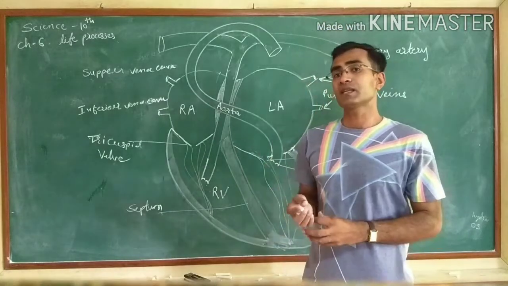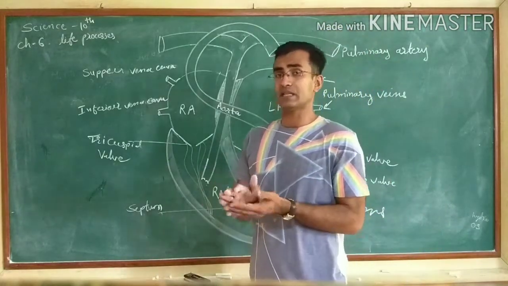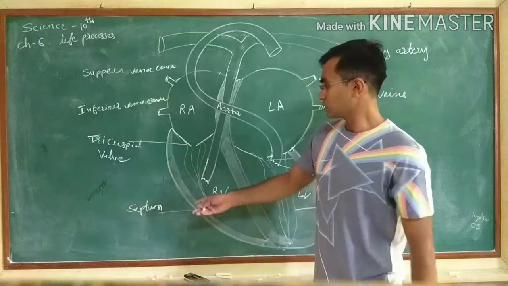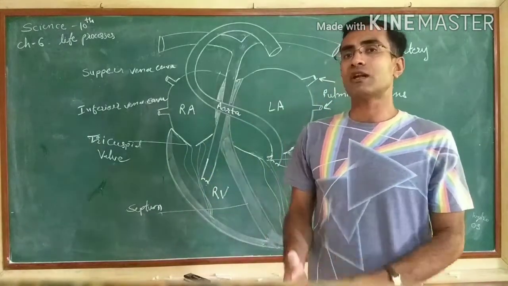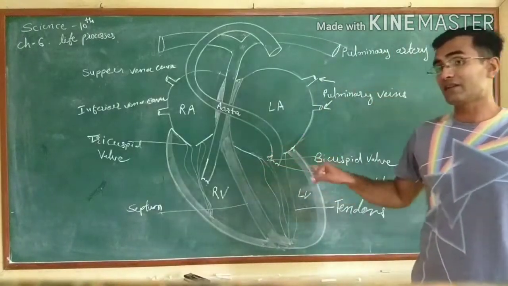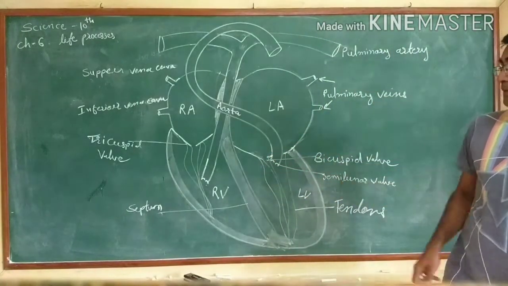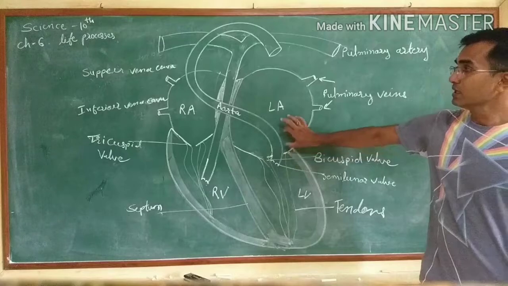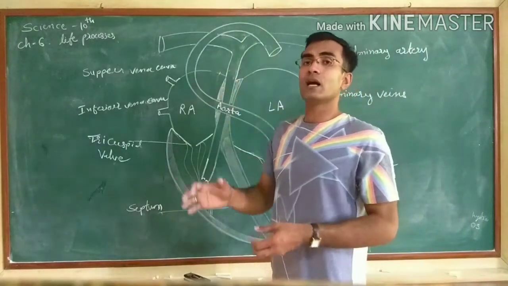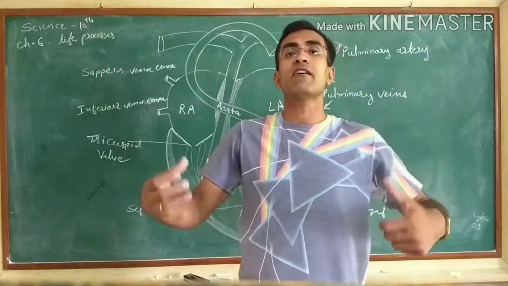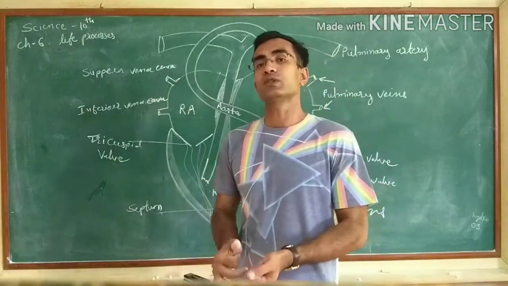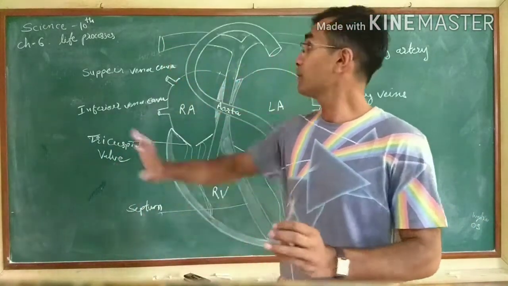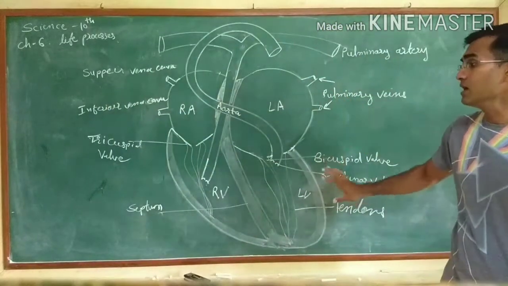Lunar is something related to the moon. So the valve structure is somewhat like the moon. That is why the name semi-lunar valve is given. Now this blood is flowing into the aorta. From the aorta, it will further divide into many arteries, and it will go into the different body parts. Hope you understand the blood circulation over here.